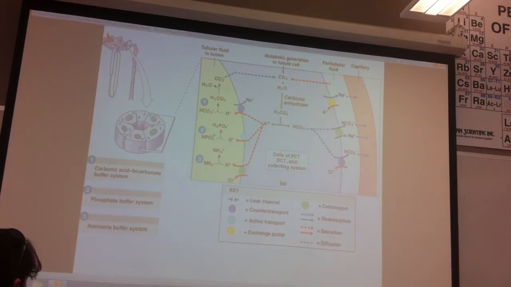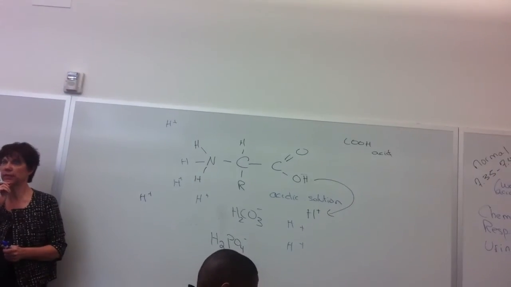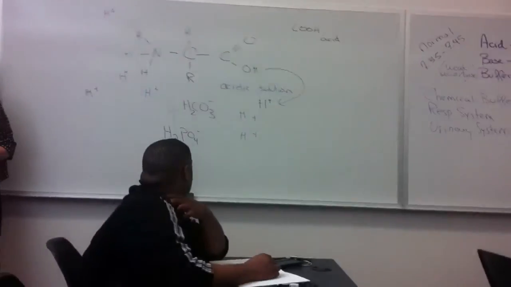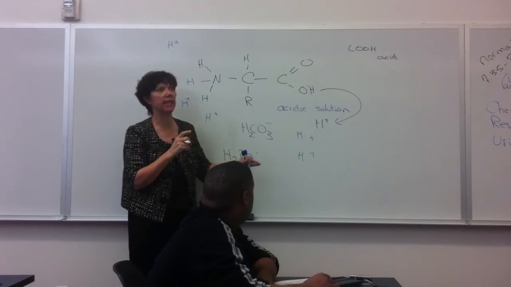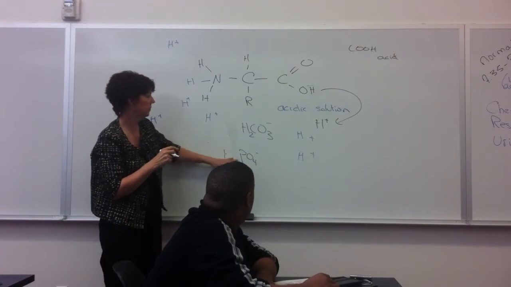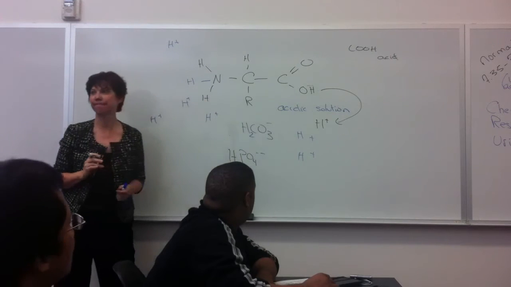So if we were to see that phosphate as H2PO4, would you assume that we were in an acidic solution or an alkaline solution? Acidic. Okay? Because then if it's giving off a hydrogen, it looks like that.